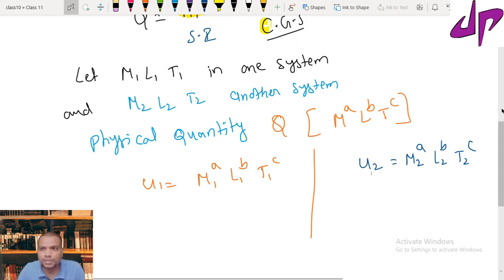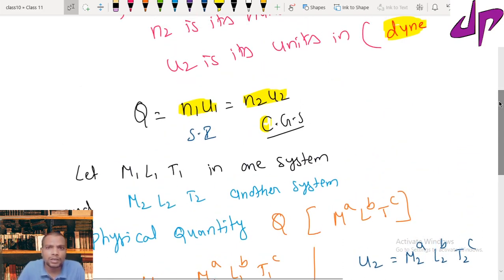Since the physical quantity is the same in both systems of units, I can use the formula N1 U1 equals N2 U2.